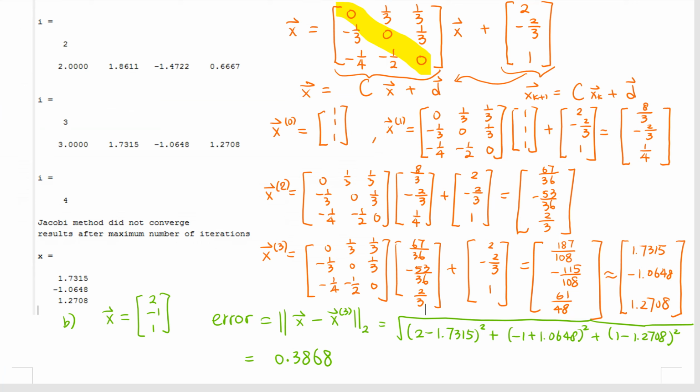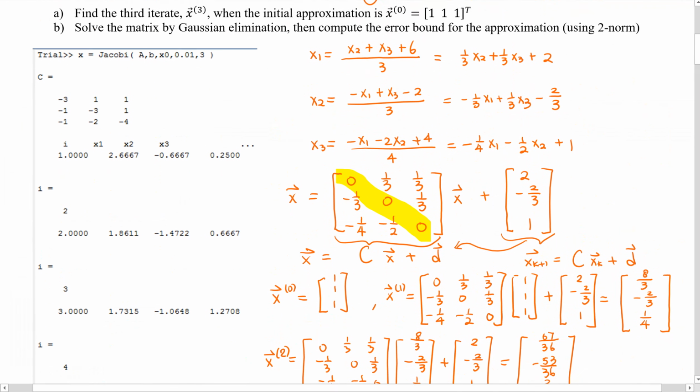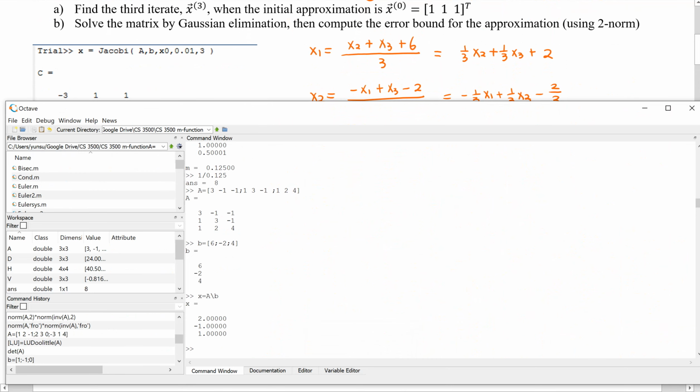We can also use MATLAB to compute this. Let's see here, the syntax. Okay, it's fine. So we have the matrix A, right? And let x0 be 1, 1, 1.